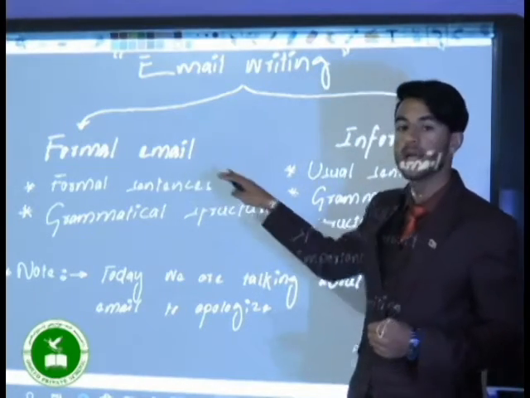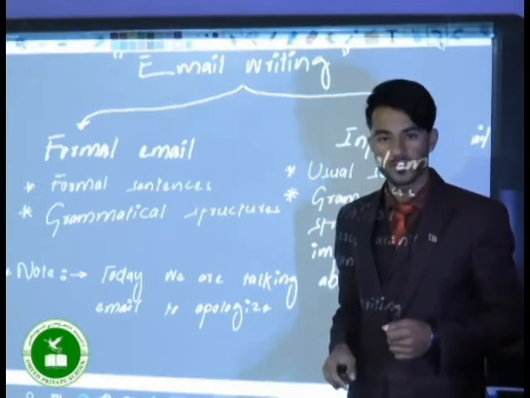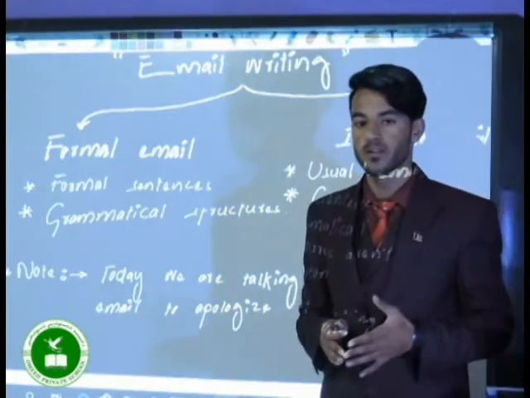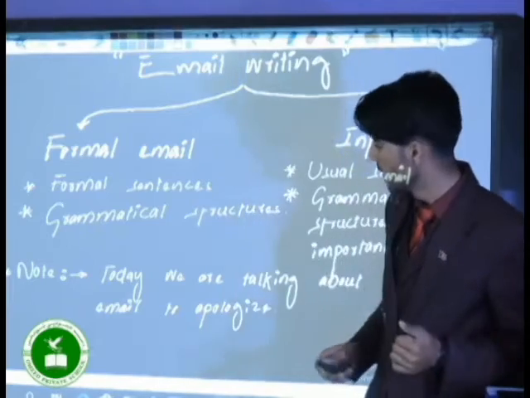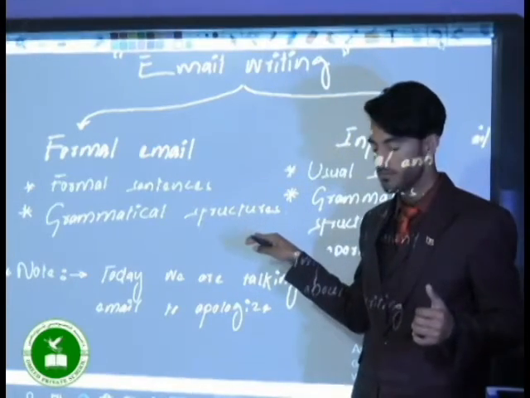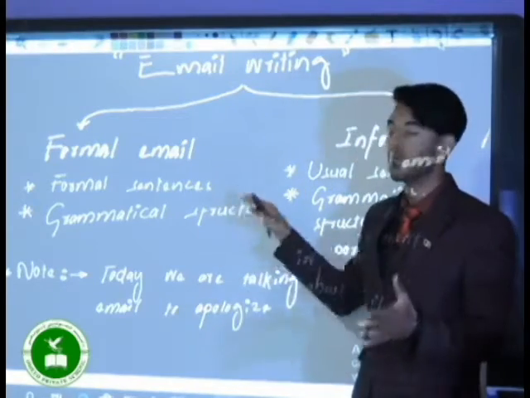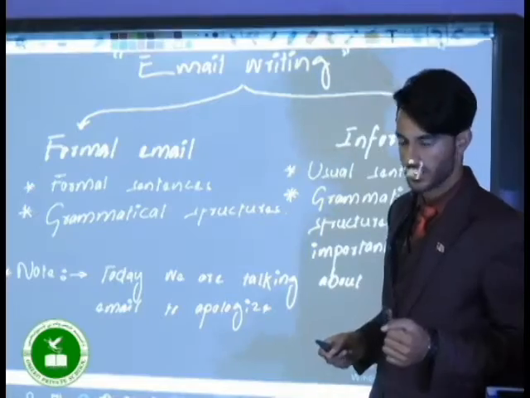First, polite sentences, formal sentences. Second, grammatical structures. That's how we separate formal email from informal email. Once again, how do we write formal emails? Formal and polite sentences, and the second one, grammatical structures.